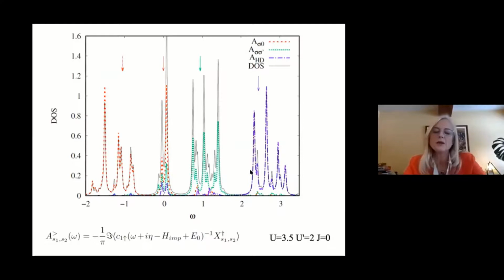The green one is sigma prime, so when we have a single particle, and the red is when we created one particle on the completely empty state. This is interesting because we have structure and we have been able to characterize each subband with a particular excitation from the atomic limit.